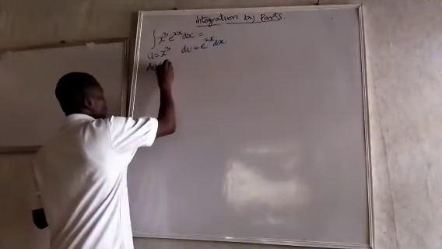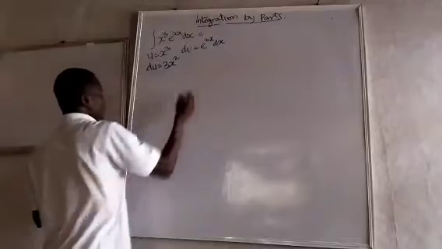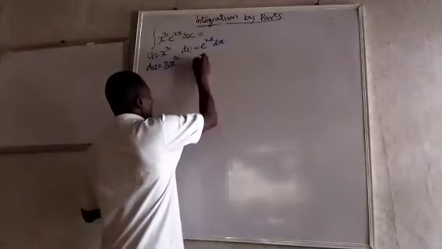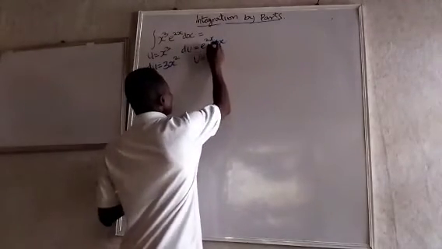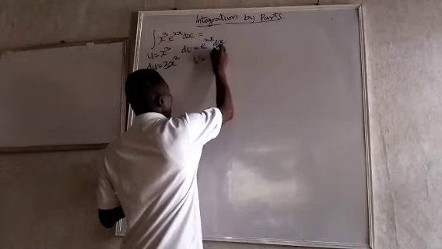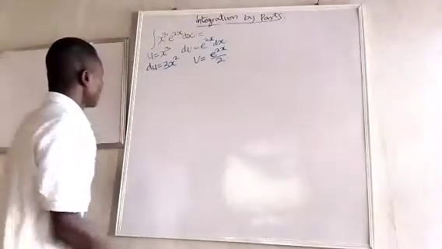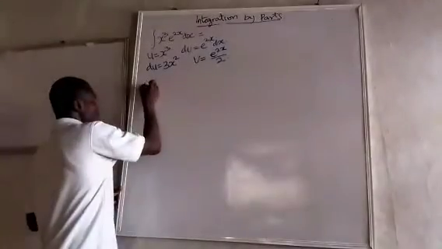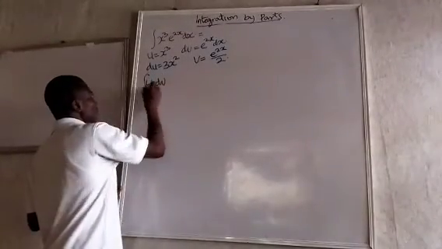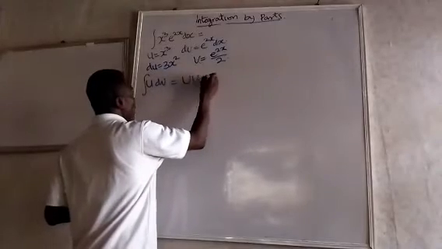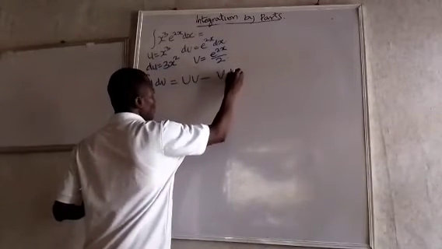Now, what is our du? du is equal to 3x squared. What is our v? Our v will be equal to e raised to power 2x over 2. Now, remember the expression that the integral of u dv will be equal to uv minus the integral of v du.